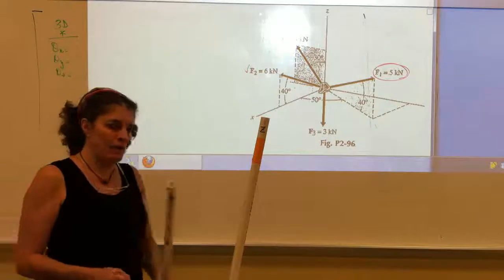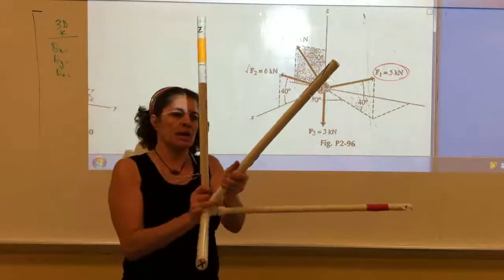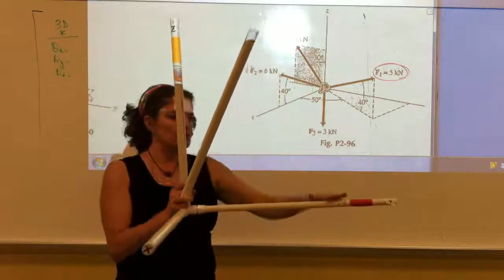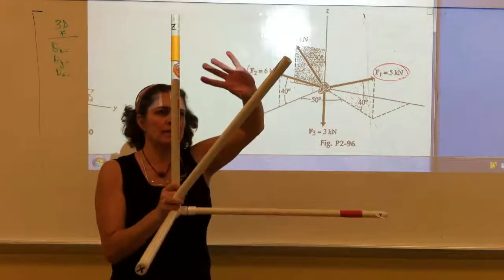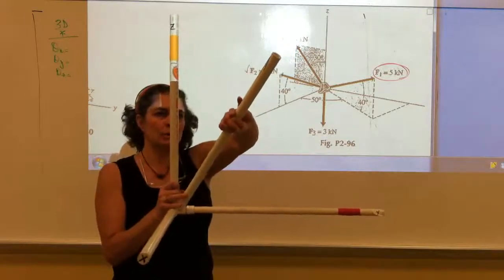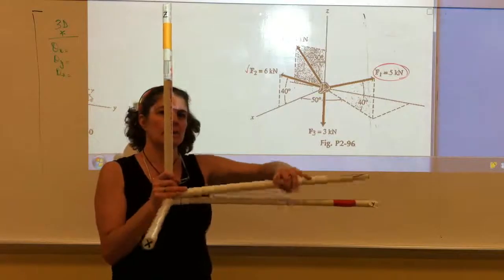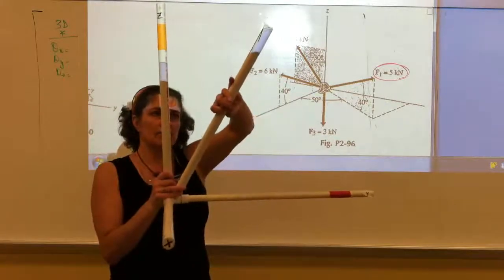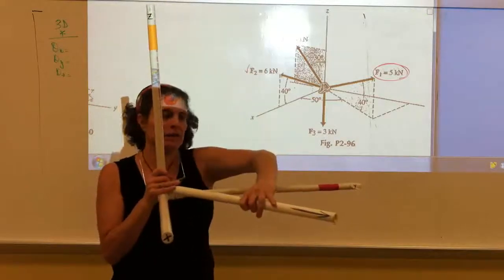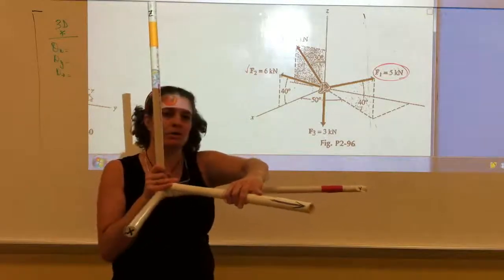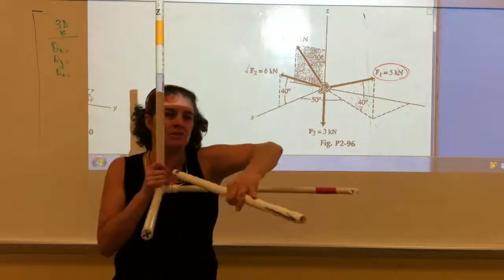No matter where our force is, if we know the angle to an axis, we can find the component of that force. If I take the magnitude of the force and multiply it by the cosine of the angle here, which happens to be 40 degrees, I'm finding the component of this force in this direction.